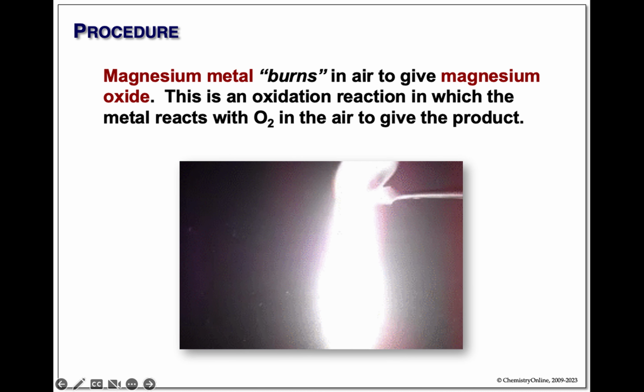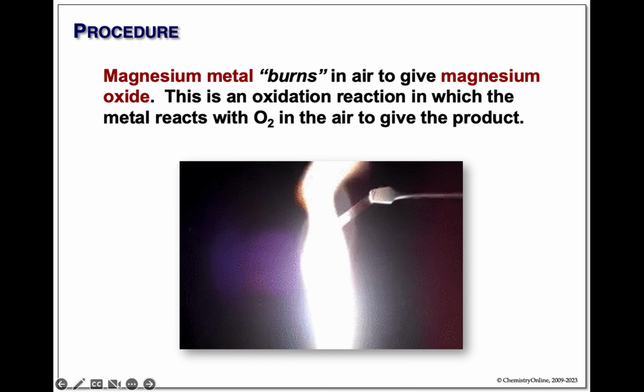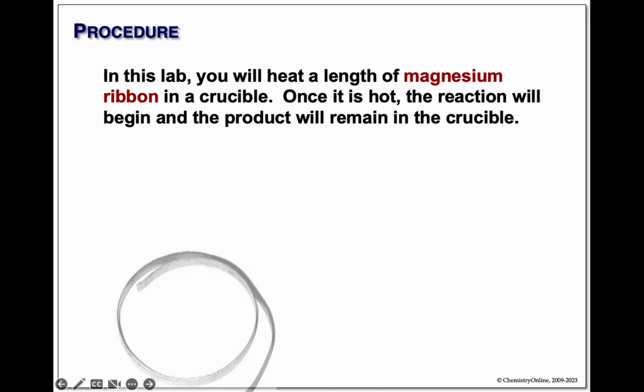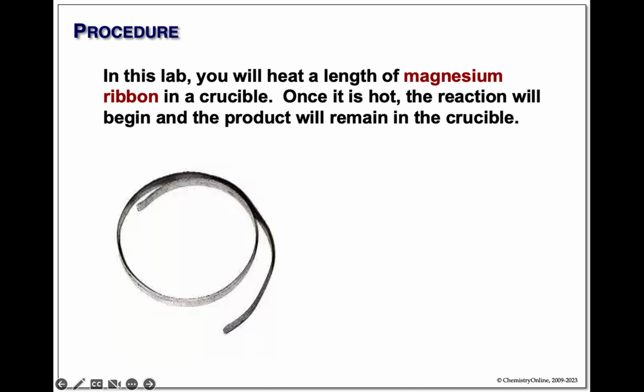In order to keep this from falling apart, we're going to actually do our burning using this strip of magnesium in a crucible. So this is what our magnesium ribbon looks like.